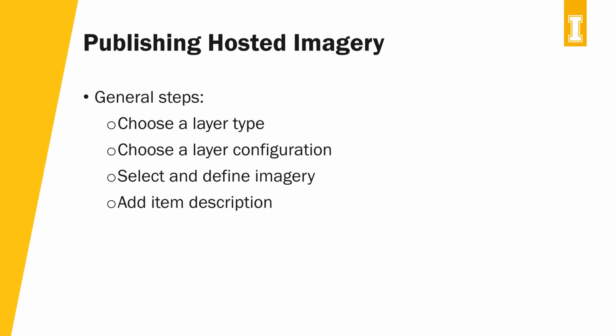You choose a layer configuration, which you'll see is just like if you want to create a single layer or a mosaic if you want to create multiple layers. You select the imagery and upload it, and add some documentation, and through those four general steps is the way you follow the process to publish a hosted imagery layer.